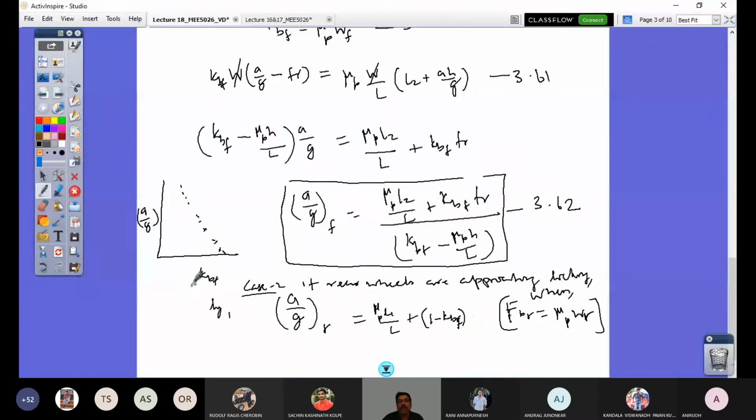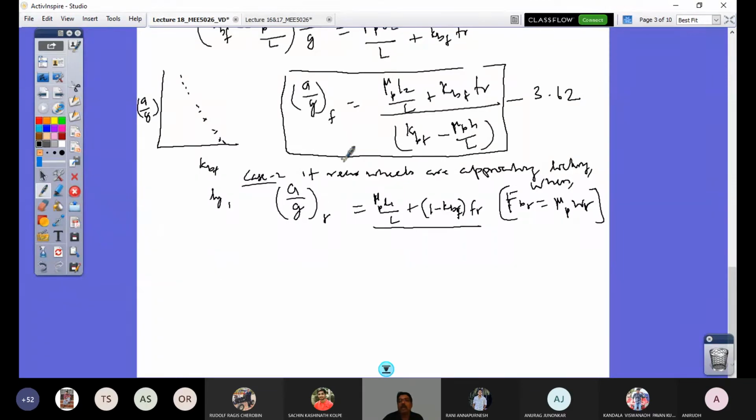Because I want to write only as a function of K_BF, I replace K_BR by 1 minus K_BF, into F_R, divided by K_BF minus, there I will have K_BR, so 1 minus K_BF, plus μp H by L. So this is the expression 3.63.